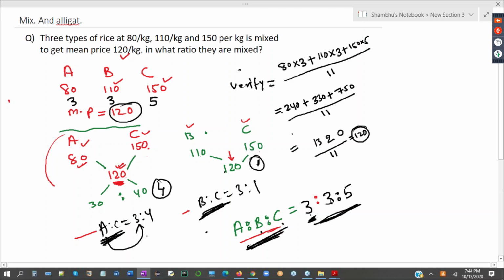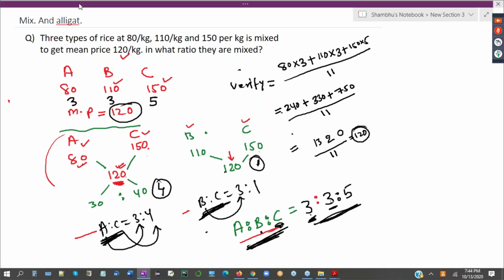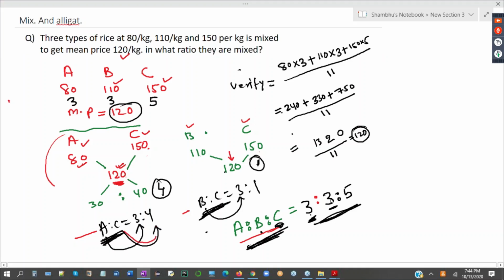B in these 2 ratios is also only once. What is the value of B? 3. So I wrote 3. But C is 2 times. C is once 4, and C is again once 1. So C is altogether 4 plus 1, 5. That's all. C is done.